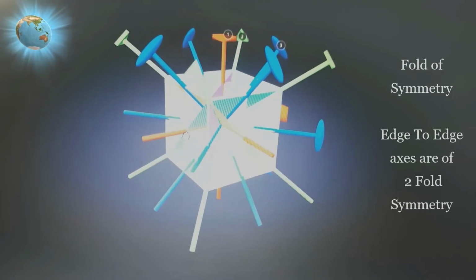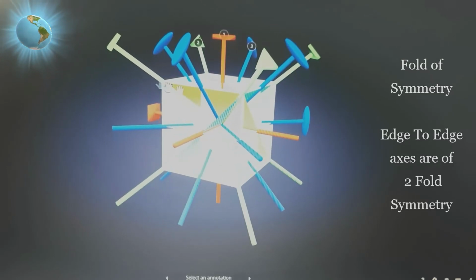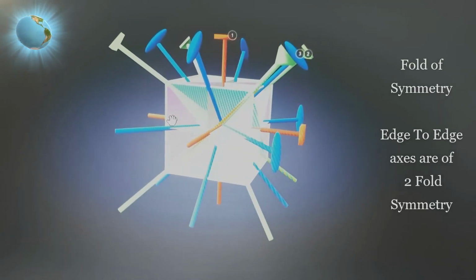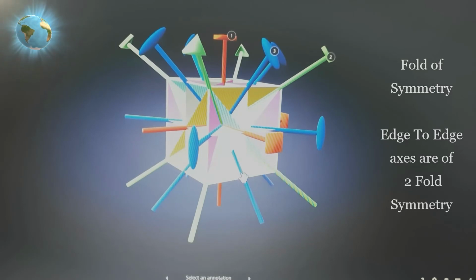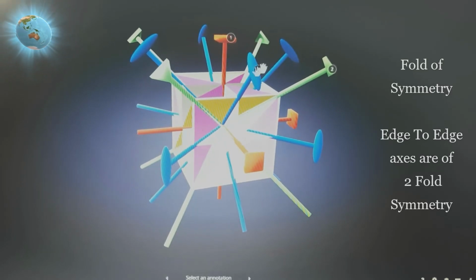So let's check edge to edge. Center of the edge. Where is the edge? Here is the edge. Center of the edge is going down here. You see where it is coming? It's coming from here. Center of the edge. So it is coming from that edge center and coming out from this edge center.